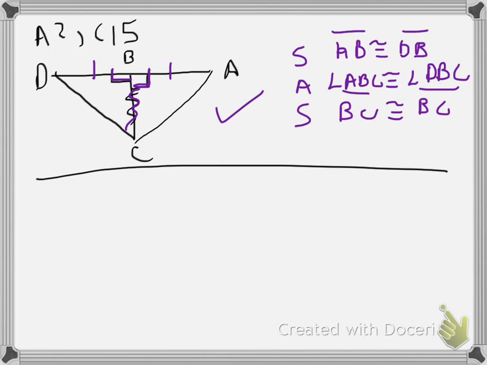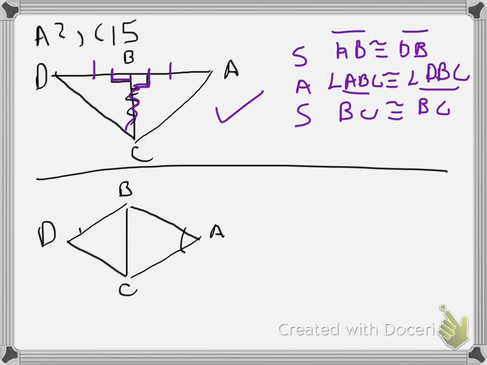Again, BC is common to both of them, so I'm just going to draw BC here. And it says angle BAC, B to A to C, is the same as angle BDC. So I'm going to draw a D over here, and they're telling us that's the same.